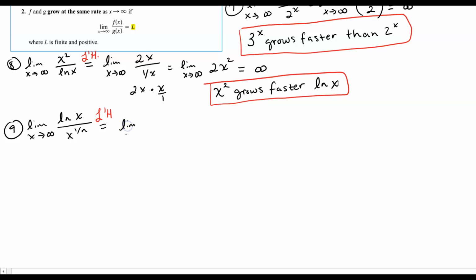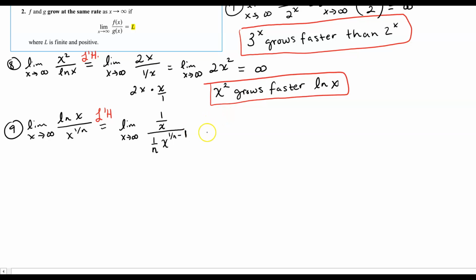The limit as x approaches infinity: I know I have 1 over x on top, and then the denominator is just a power rule problem. Bring down the power, x to the 1 over n. 1 over n comes down, x to the power 1 over n minus 1.